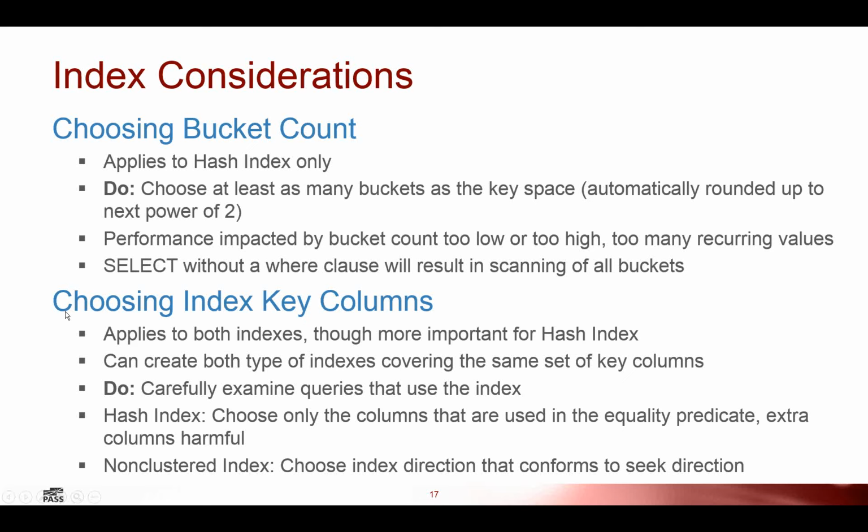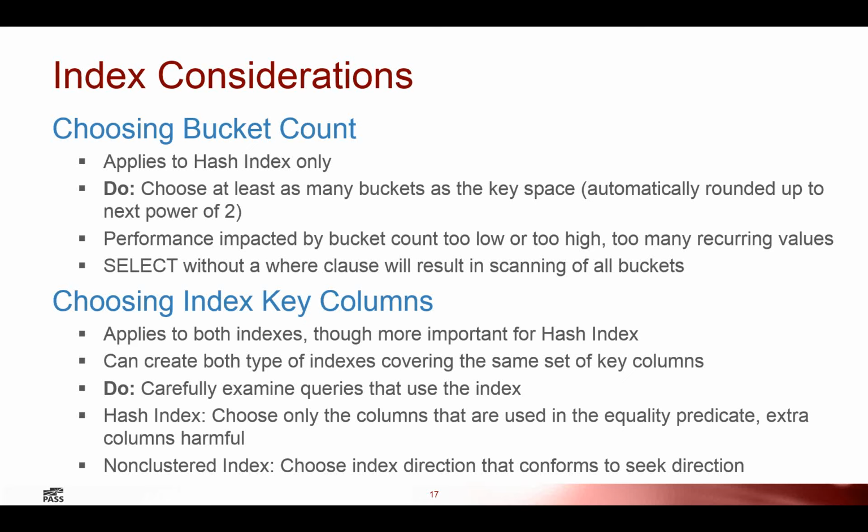Now, the other consideration is to choose the index key columns. This applies to both indexes, but it's much more important for the hash index than for a non-clustered index. One thing that's different from regular disk-based tables is that you can create both types of indexes on the same set of key columns.